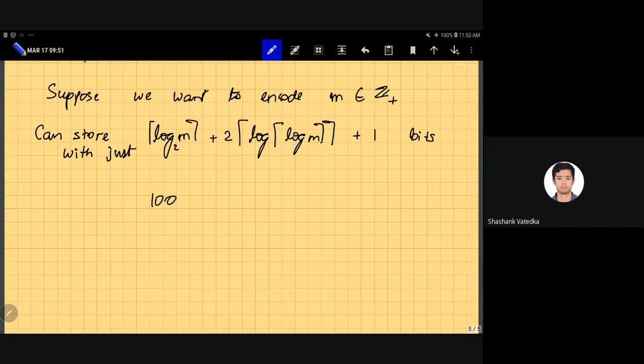Okay, and the basic idea is the following. First you look at the binary representation of m using log m bits. So the integer m can be represented using just log m bits.